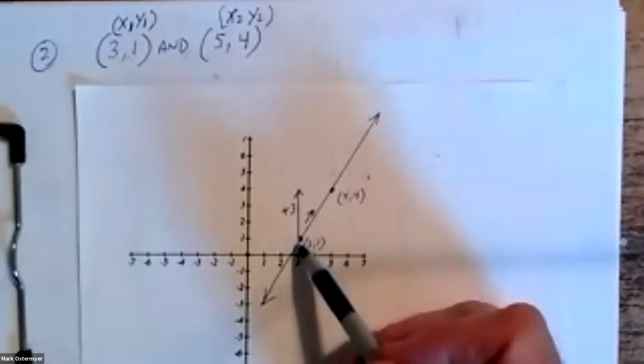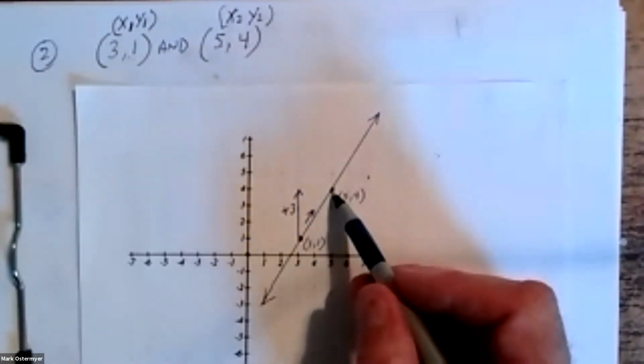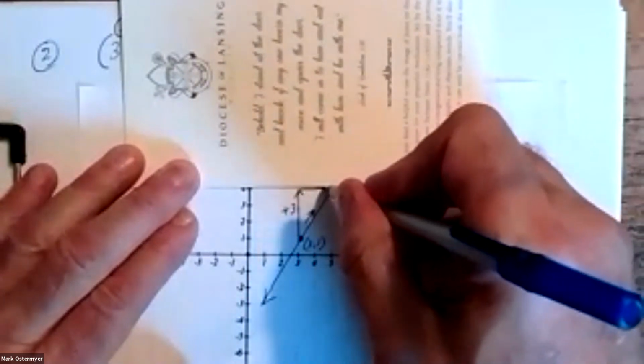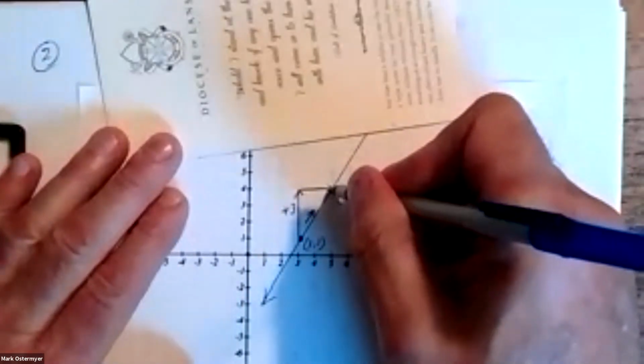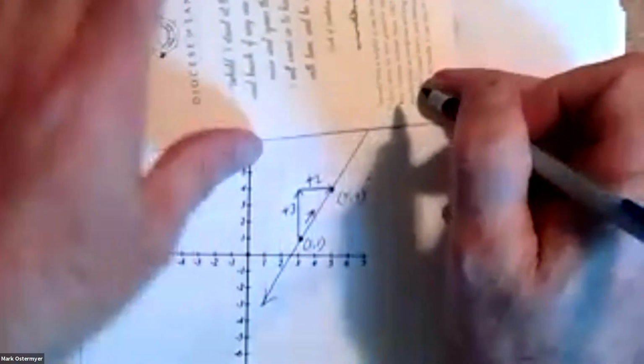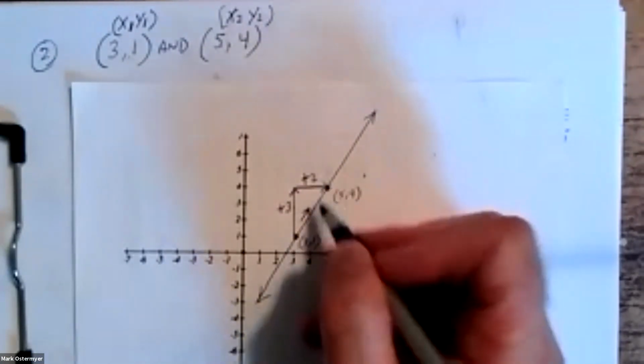That's why it's a positive 3. The amount of run I experience in moving from this point to this point along this line is to the right. How many units of run? Looks like 2 positive units of run. This is the amount of run I experience in moving from this point to this point.